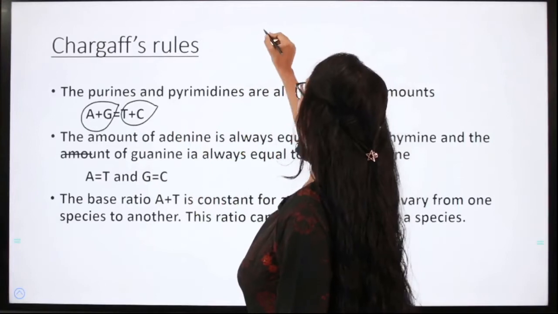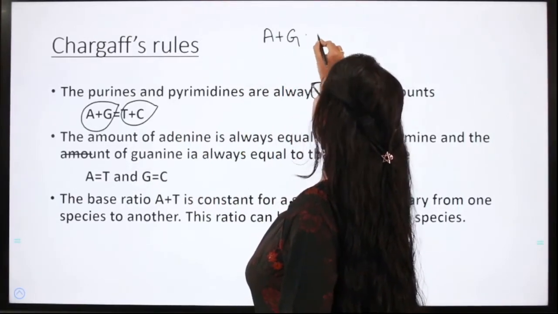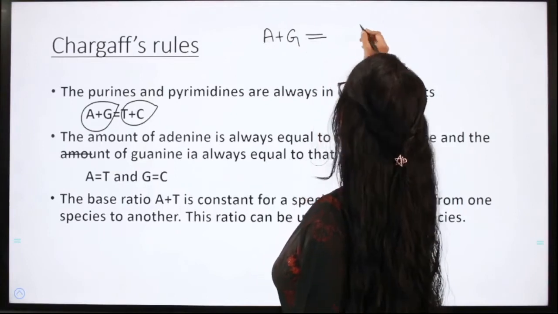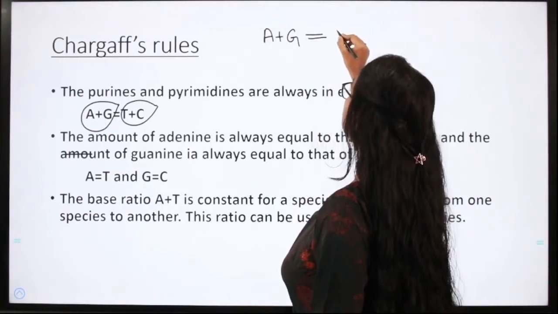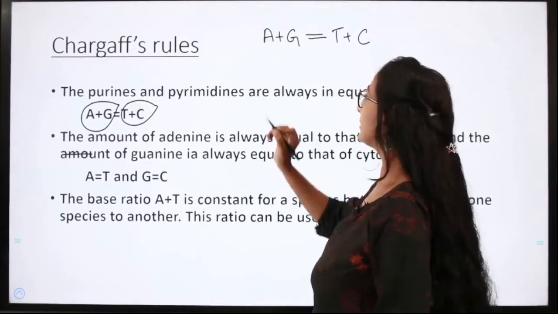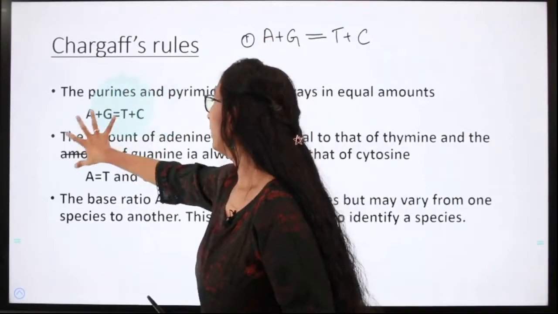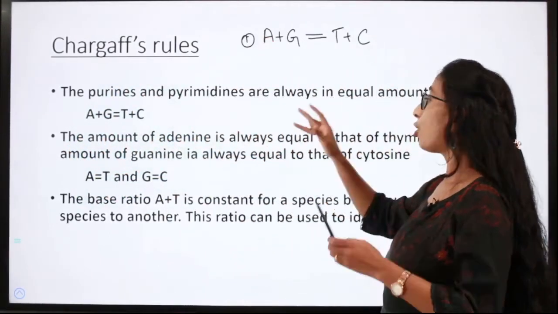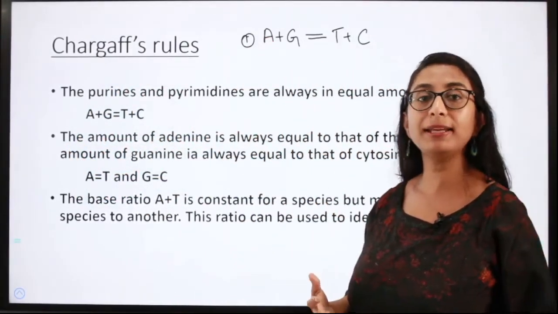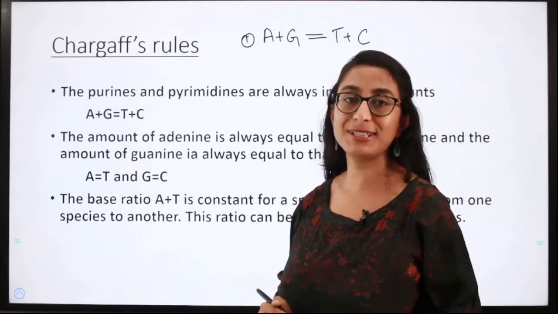That is, the amount of adenine plus guanine will always be equal to that of the amount of cytosine plus thymine. Okay, this is the first rule. Now moving on to the second rule. The amount of adenine is always equal to that of thymine and the amount of guanine is always equal to that of cytosine.